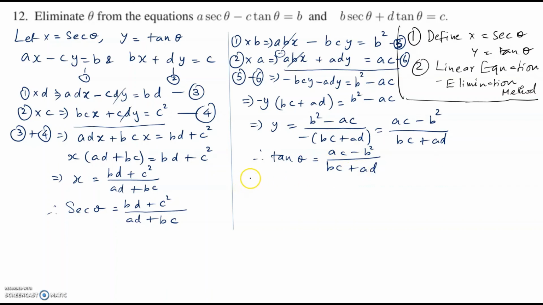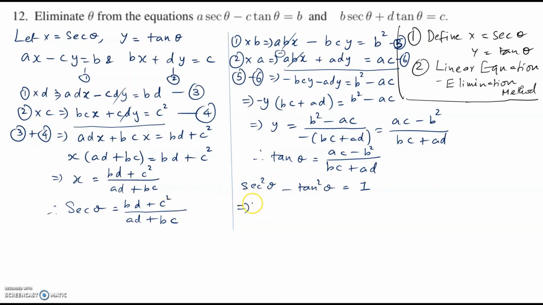Now we know that secant squared theta minus tan squared theta is equal to 1. So let's apply the values of our secant theta and tan theta that we got into this.